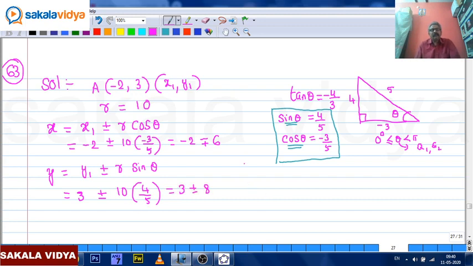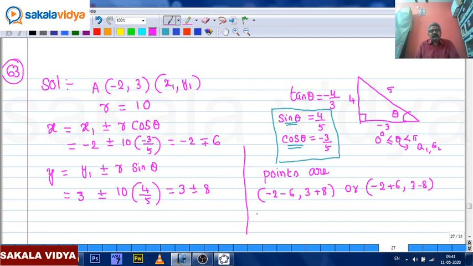Now how to take the required points? The points are as follows. First, minus 2 minus 6 comma 3 plus 8. This is one point, or the other point is minus 2 plus 6 comma 3 minus 8.